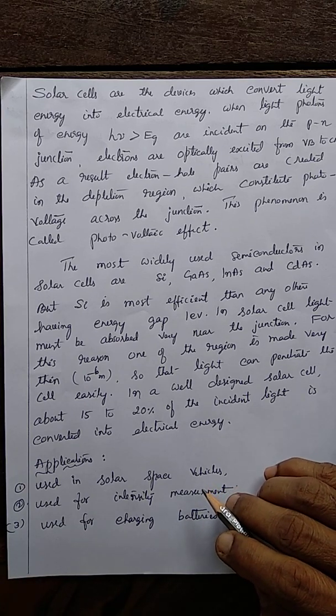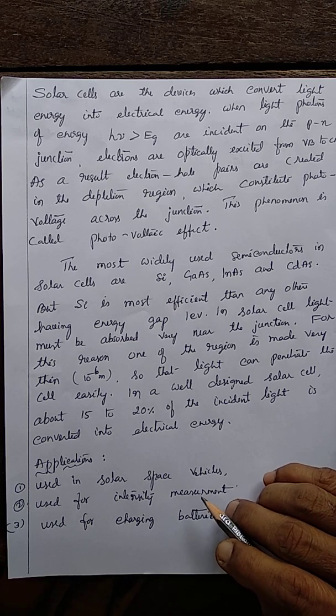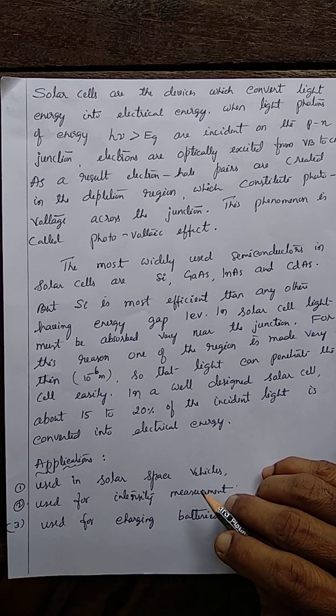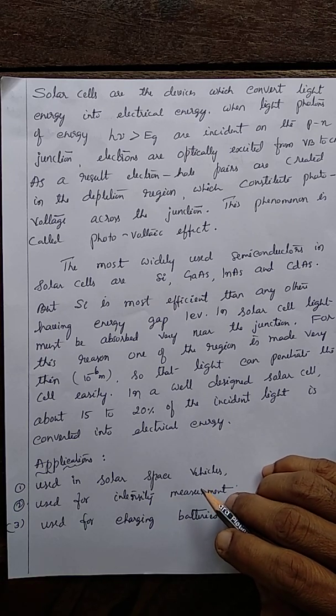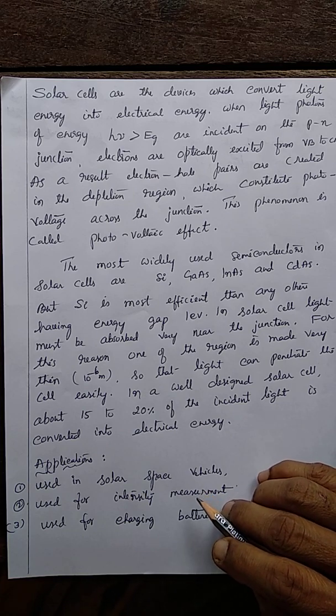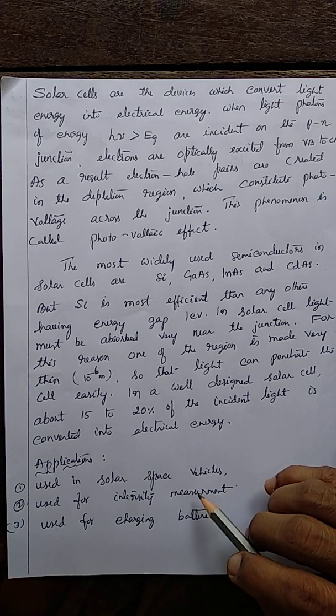The widely used semiconductors in solar cells are silicon, germanium, gallium arsenide, indium arsenide, and cadmium arsenide. But silicon is the most efficient one because the energy gap is 1 eV. In a solar cell, light is absorbed near the junction.